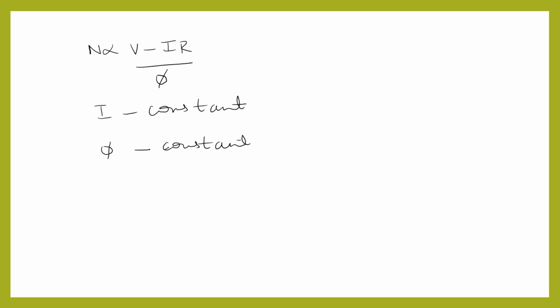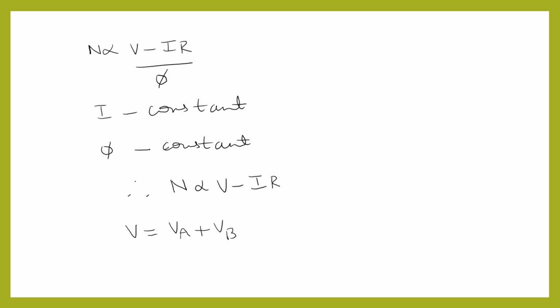Therefore, N is proportional to V minus IR. For the series connection of series motors, V equal to VA plus VB.